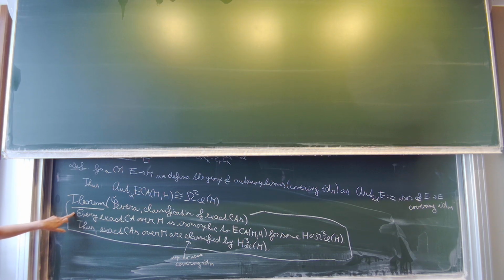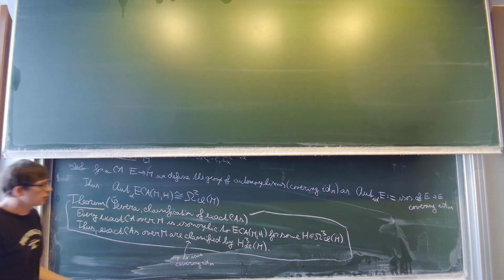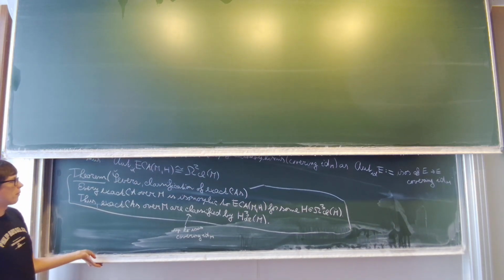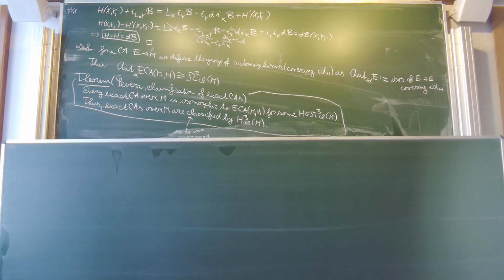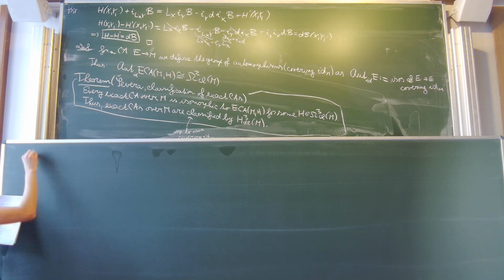Okay, so the only thing left for us to prove is the first part. The second one just follows from this proposition that we have. So the only thing we need to show is that every exact Courant algebroid has to be of that type. So let's prove that.